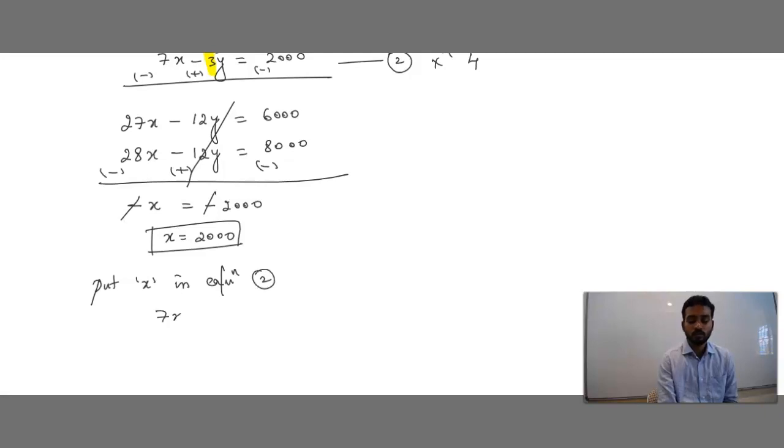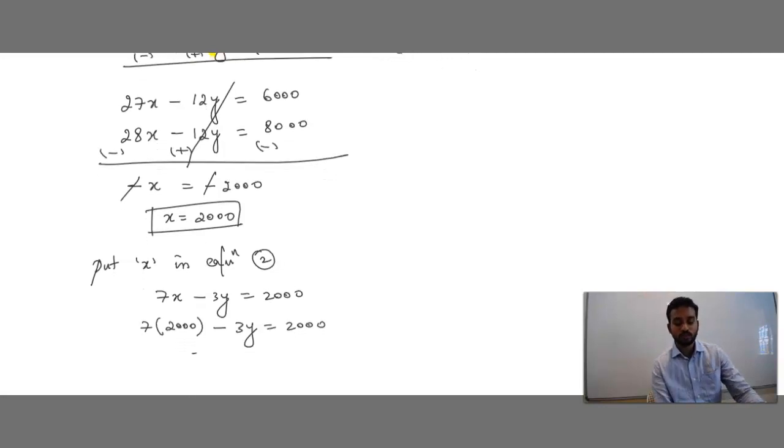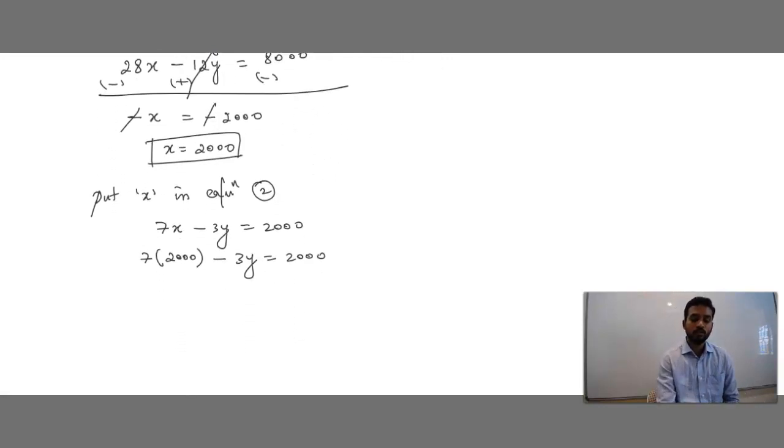What is equation 2? 7x minus 3y equals 2000. 7 into the value of x, 2000, minus 3y equals 2000. Now 7 2s are 14,000 minus 3y equals 2000.